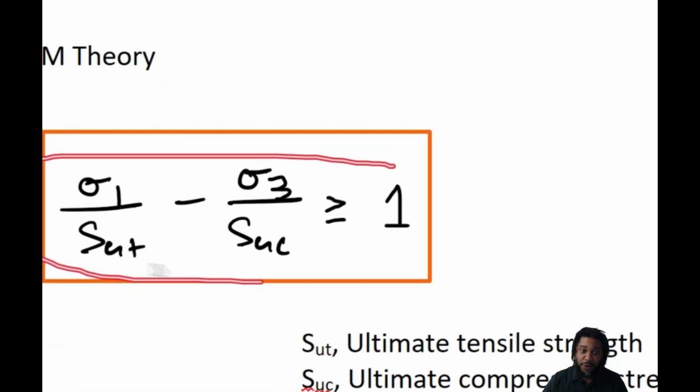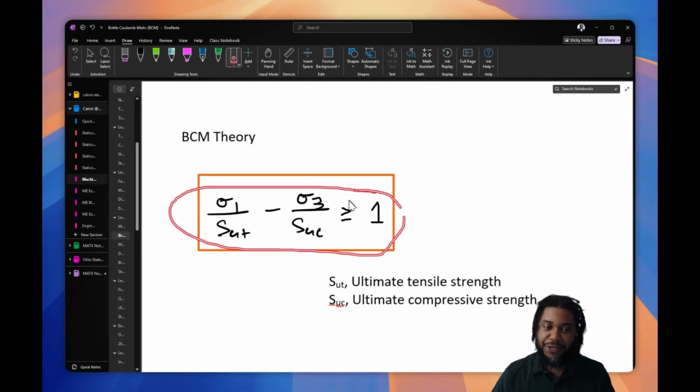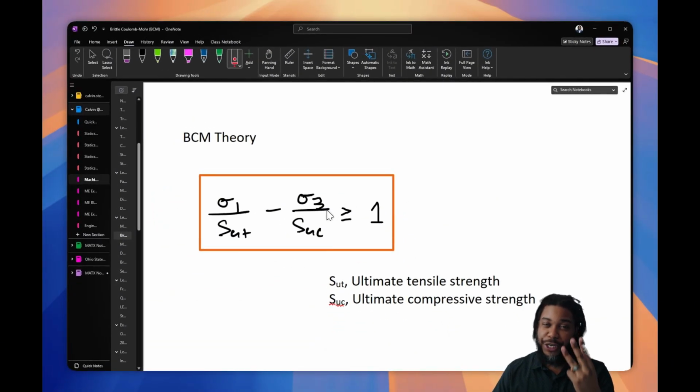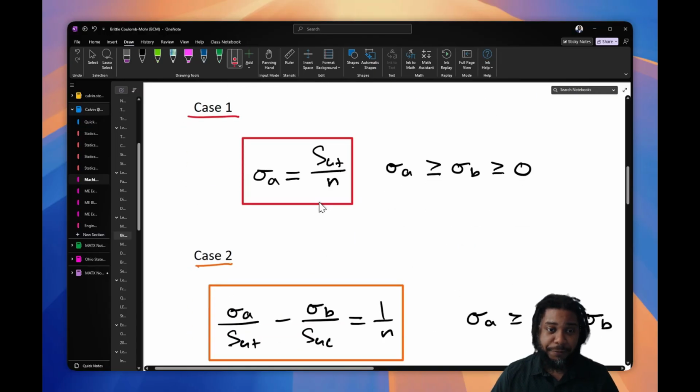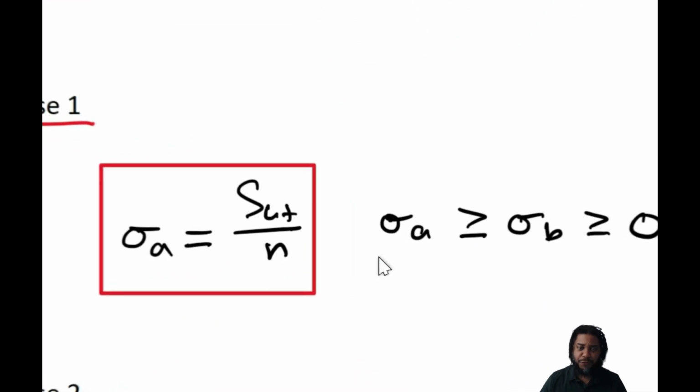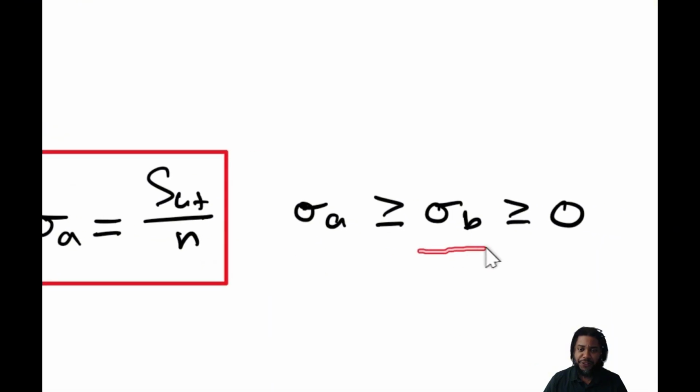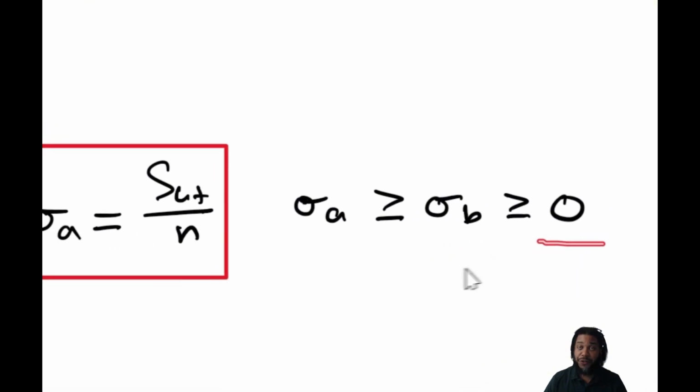Now, taking this equation, since it is a linear equation, we can evaluate three different cases and form our failure surface for Brittle Coulomb-Mohr. Case 1, let's assume that the first principal stress is larger than the second, and the second is larger than 0.